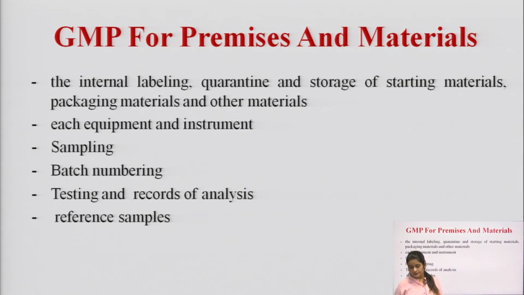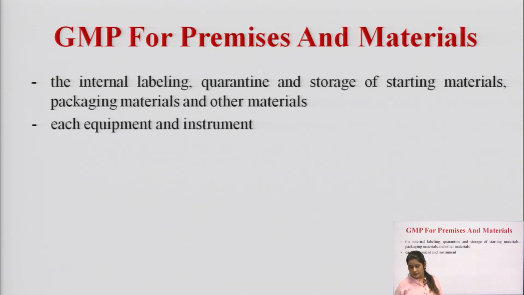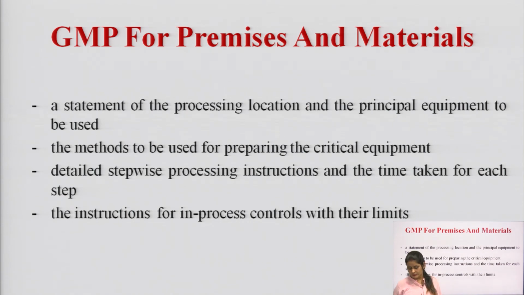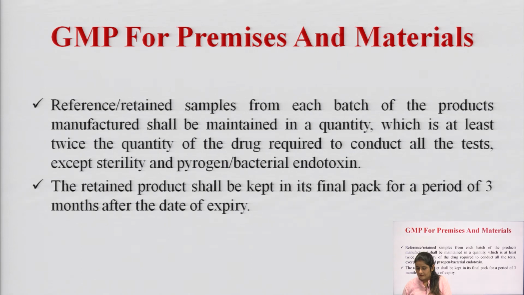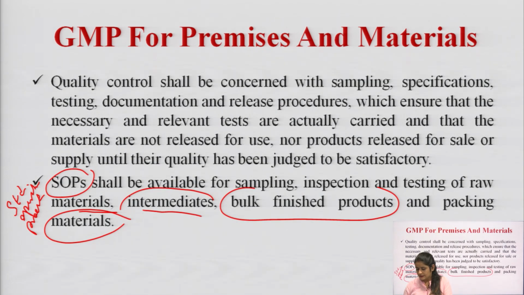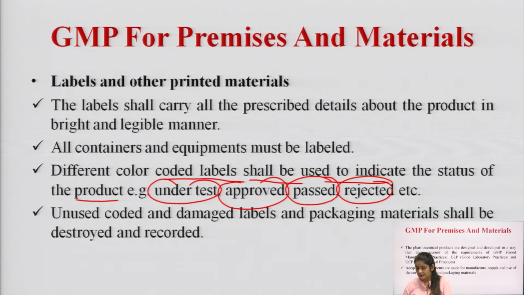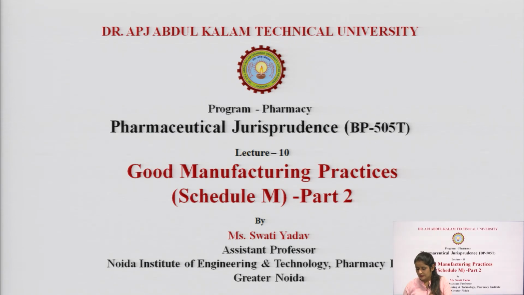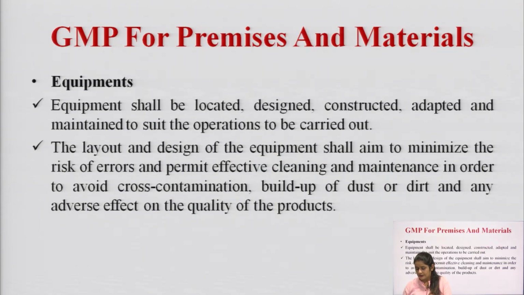Okay. So, this is the rest of the portion which we had discussed in chapter 10. The initial portion we discussed in chapter 9 of good manufacturing practices. So, let us summarize the rest of the requirements needed while running the manufacturing unit.